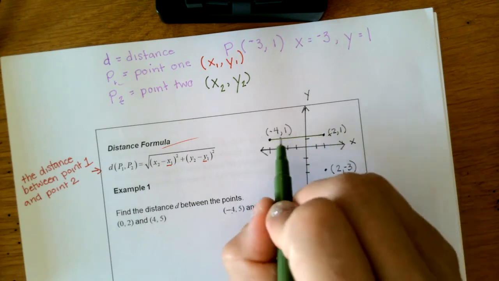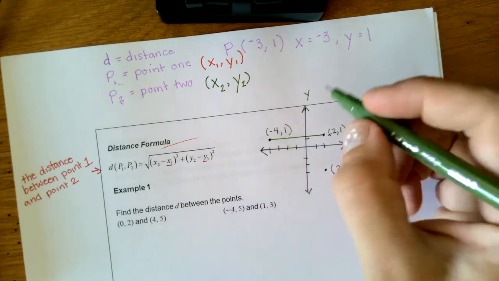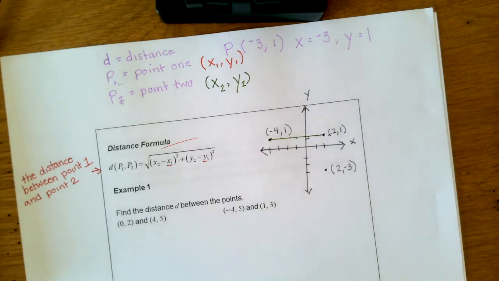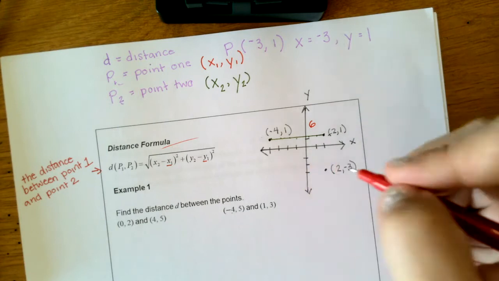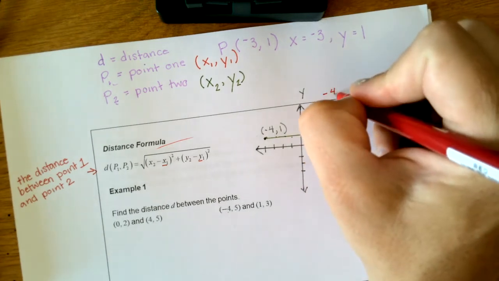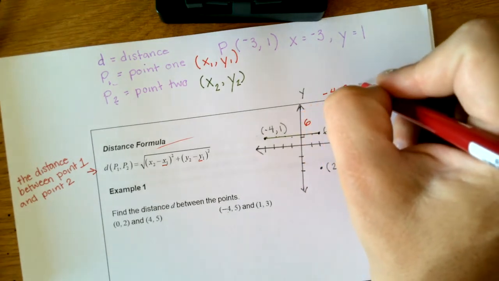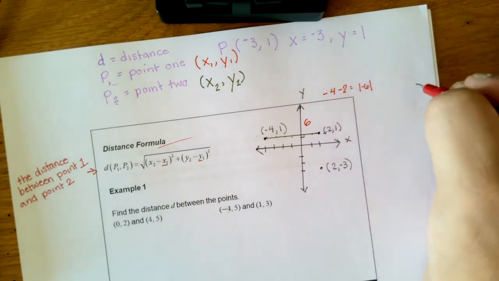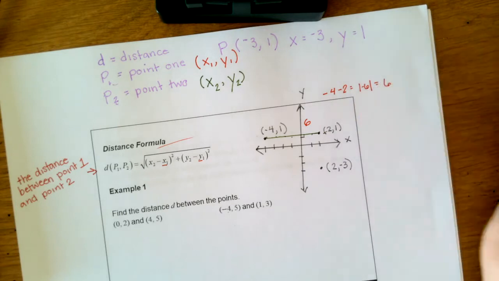The unit for y is 1. So I could just count, right? 1, 2, 3, 4, 5, 6. The distance is 6, right? Or I could subtract. -4 minus 2 is -6, and the absolute value is a distance of 6, right?